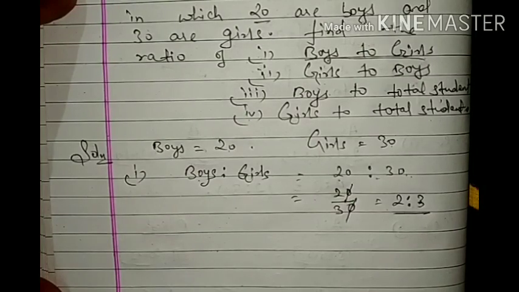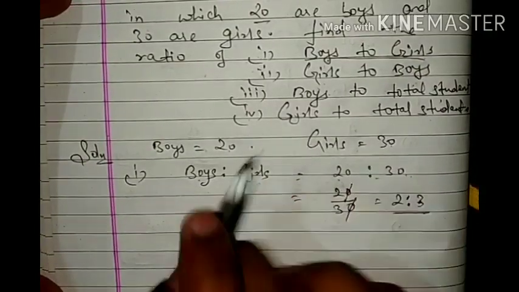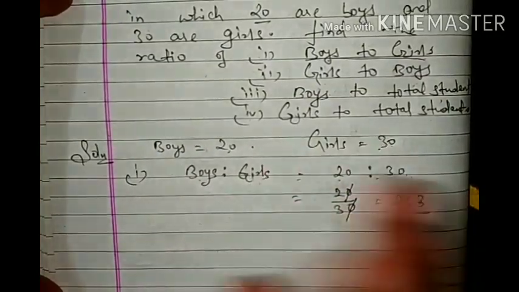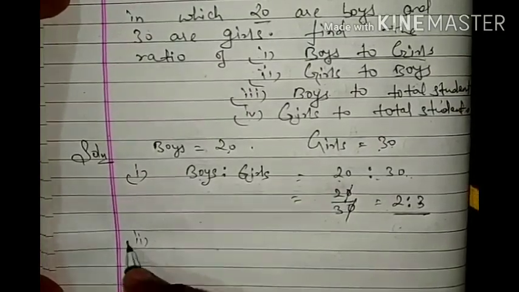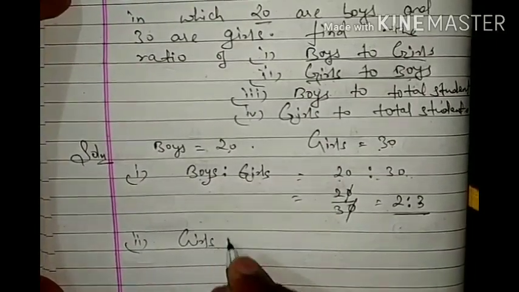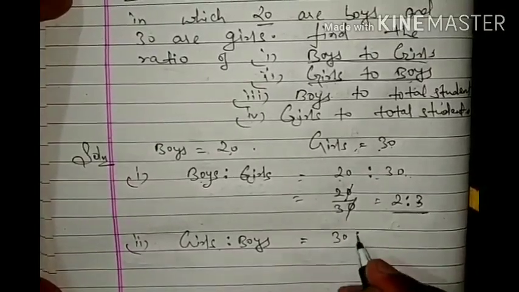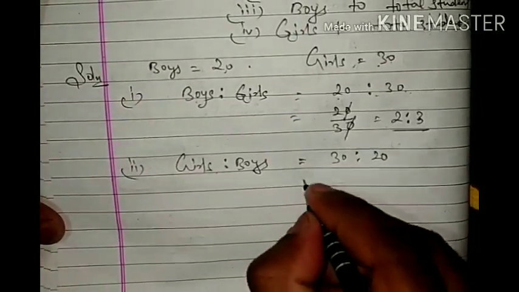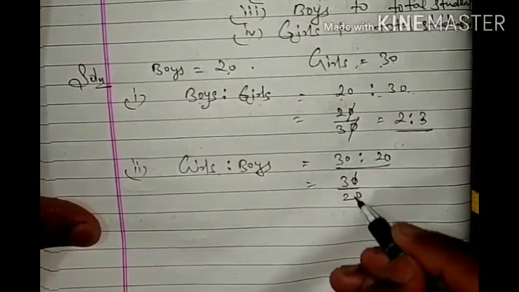I hope it is clear to everyone. In this particular question we are discussing part to part. The boys' part is being compared with the girls' part. So this is an example of part to part type of ratio. Second question, girls to boys. I hope you all can solve. Girls ratio boys. How many girls are there? 30. How many boys are there? 20. 30 ratio 20 can be written as 30 by 20. 0 will cancel 0.